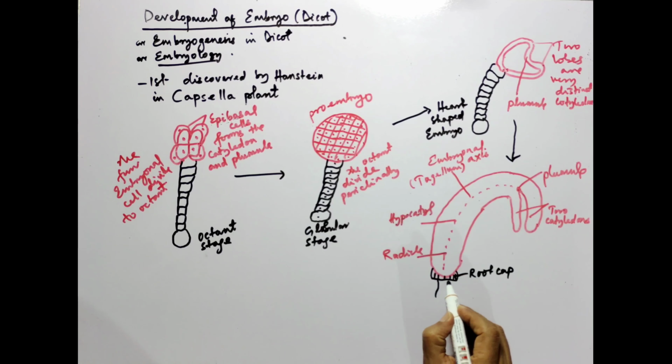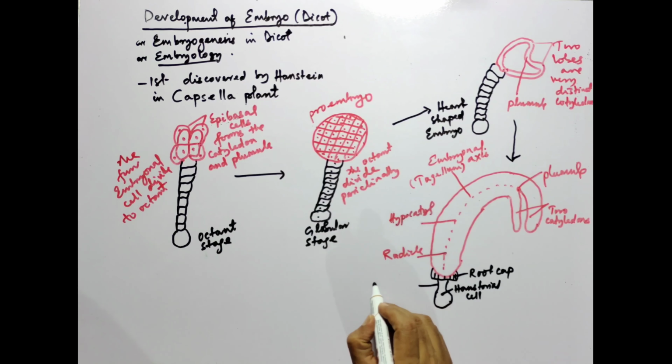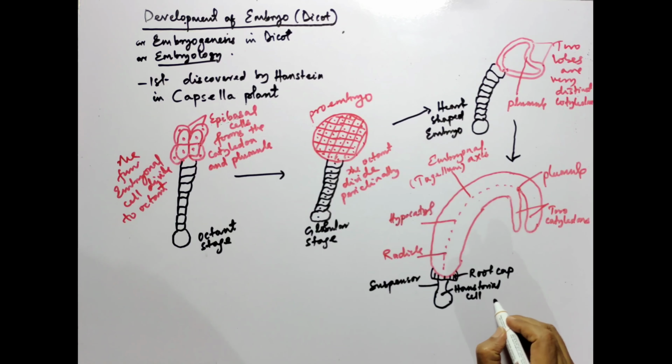Here you will find this is called haustorial cell, which absorbs the nutrition, and this is called suspensor, and this is the structure of mature embryo.